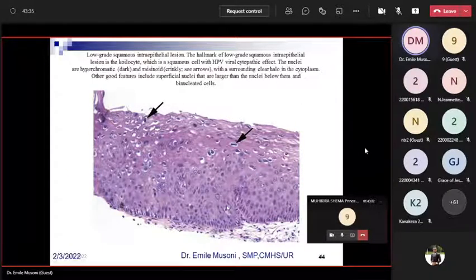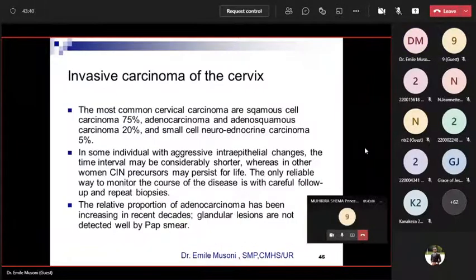The malignant one, what you call invasive carcinoma, the most common is squamous, and it is followed by adenocarcinoma. Adenocarcinoma is on the endocervix, squamous carcinoma on the ectocervix.